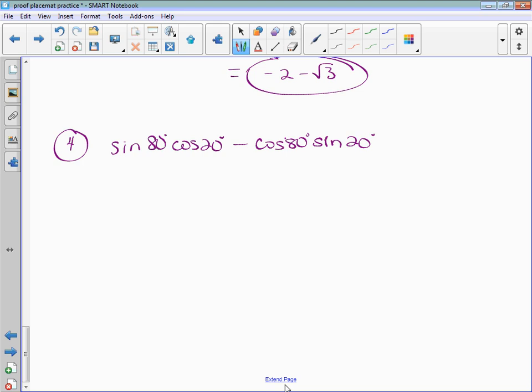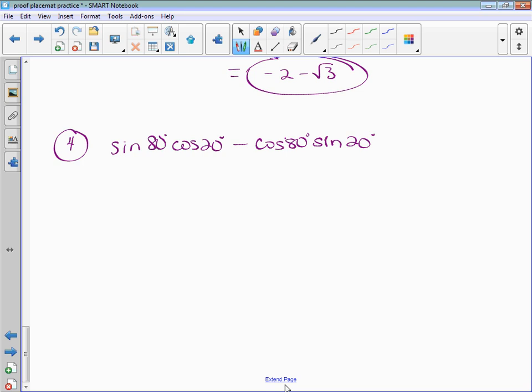Okay, so we're working in reverse this time. Sine 80 cosine 20 minus cosine 80 sine 20. You need to look at your formulas and see which one you think this is. First, is it a sine or a cosine formula? Sine. Sine of a plus or sine of a minus?